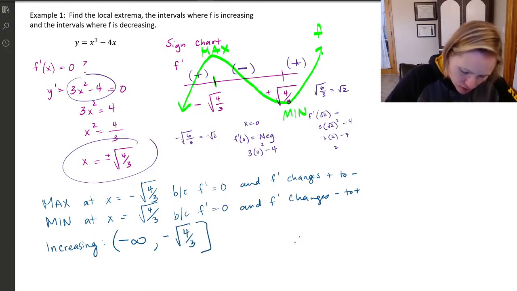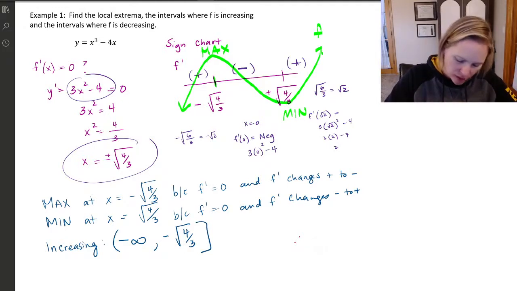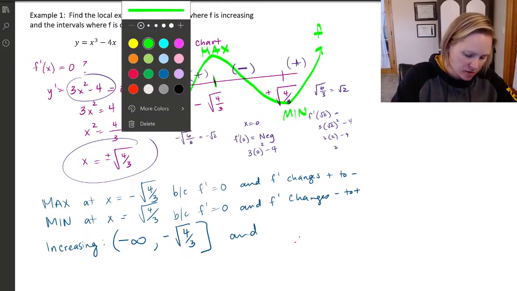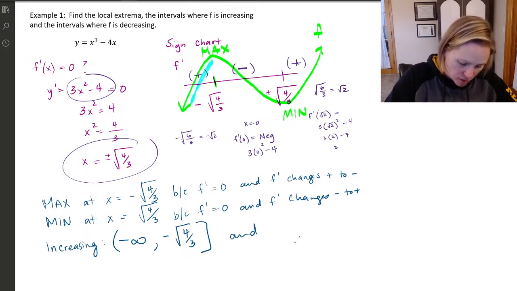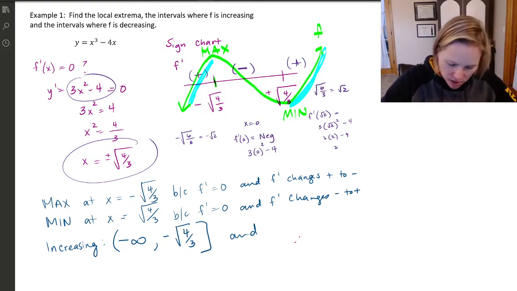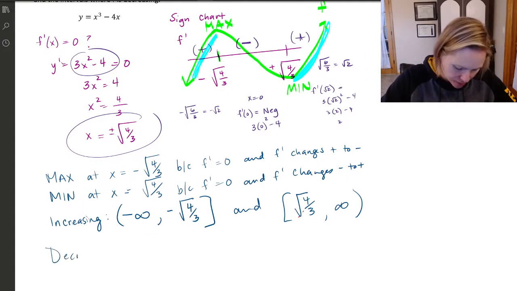And remember, increasing, we use those closed brackets on the numerical values. Infinities are always open. And then I'm also increasing. So let's make sure we see it. So here's where I'm increasing, and then over here I have a second place where I'm increasing. So I'm going to say close bracket, square root of 4/3 to positive infinity, and then I'll be decreasing in the middle.